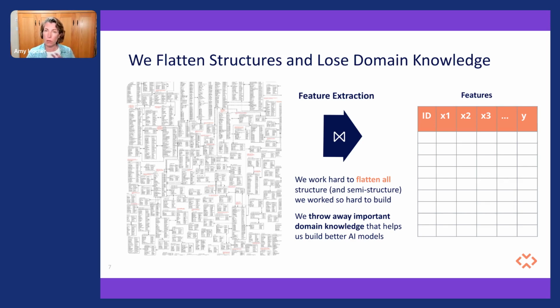What's the structure of how things are dependent upon each other? That's valuable information that a business expertise would know. And we cram that down into a feature matrix and lose a lot of that information. And we do that because we have to. Machine learning systems don't handle highly dimensional and very complex data so well. So we have to do it, but we're losing good data right out of the gate.